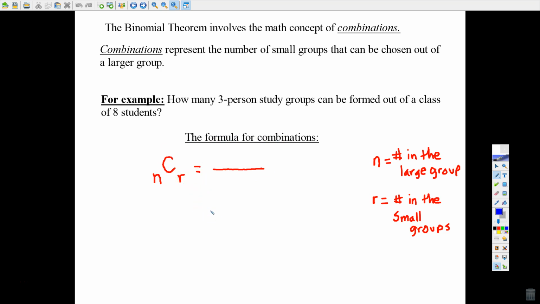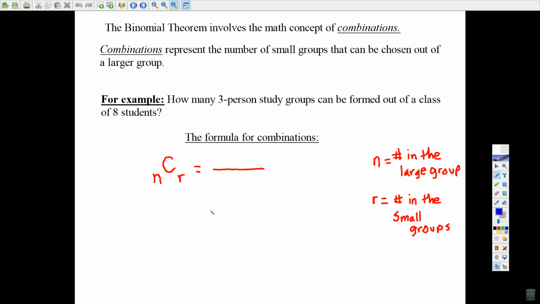All right. The binomial theorem involves, as you can see there at the top, this math concept of combinations. And a real simple definition of combinations in a math context is it's all the different ways that we can choose small groups out of a big group.